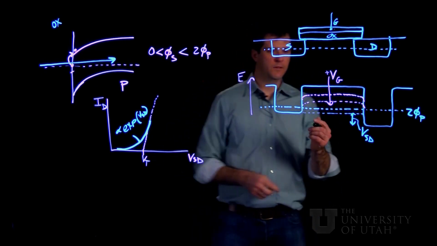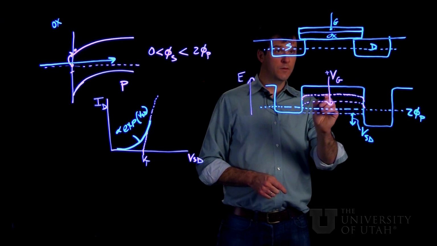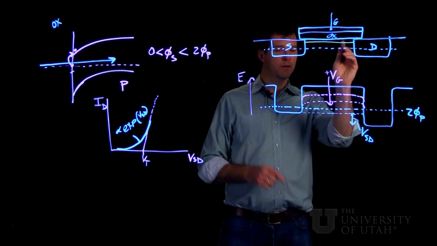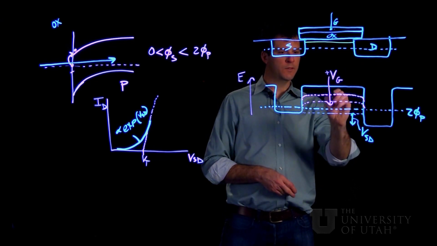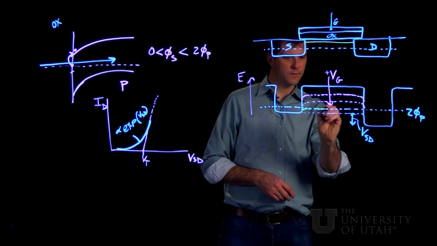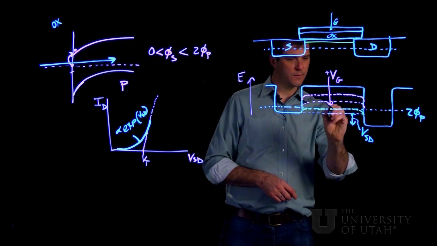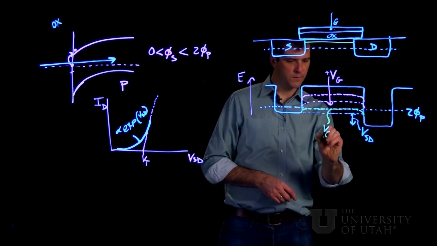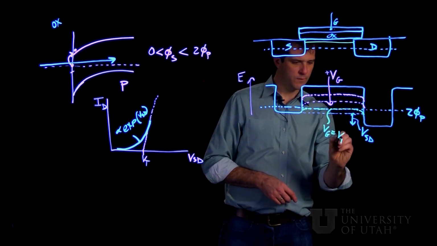So now the channel here has not gone into inversion because we need to apply enough voltage such that it actually crosses this line here. So this would be the condition V gate equals V threshold.